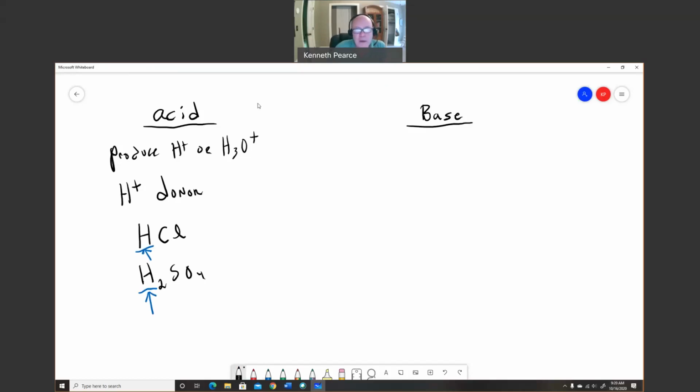Now, a base, on the other hand, produces hydroxide, which is OH minus. They produce OH minus, which is the hydroxide ion. And just like an acid is an H plus donor, a base is going to be an H plus acceptor.